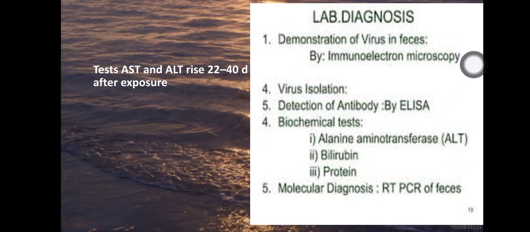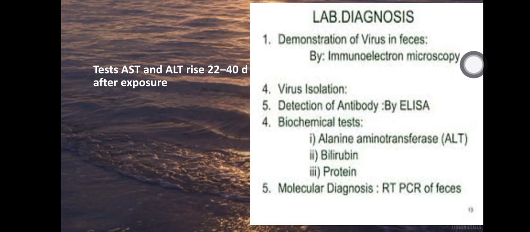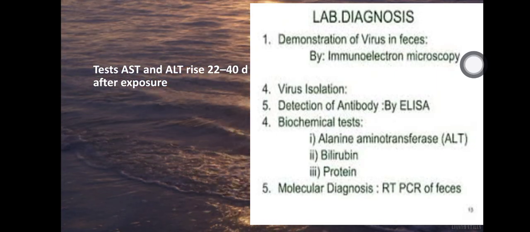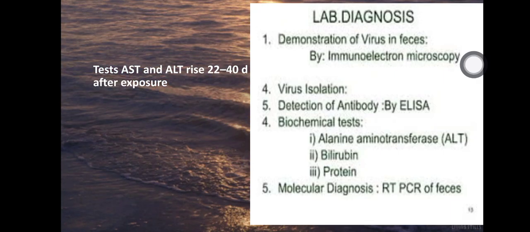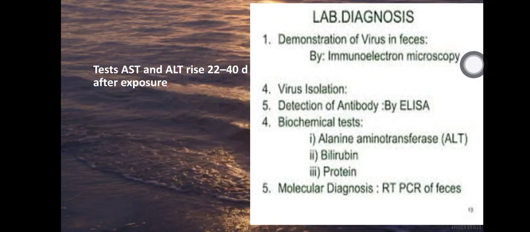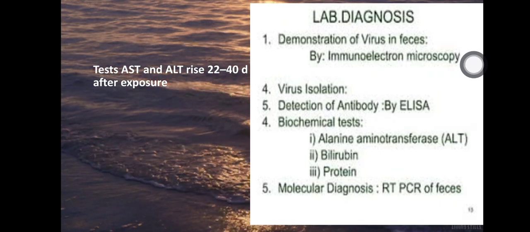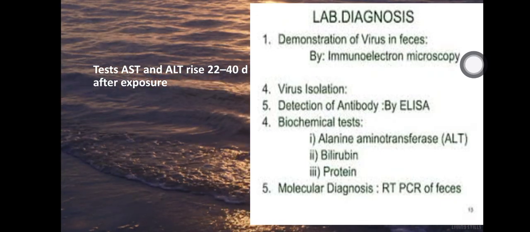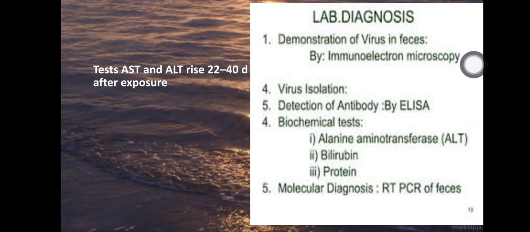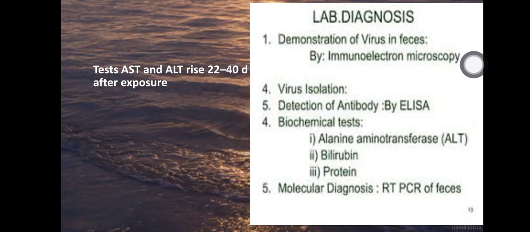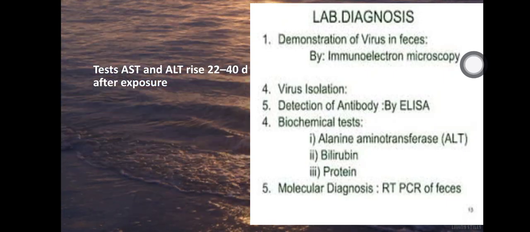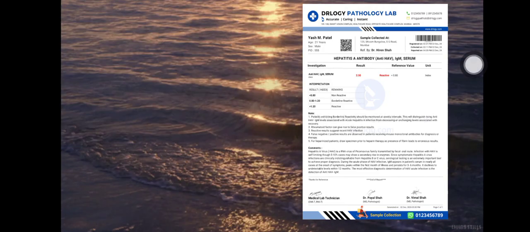And finally, serum bilirubin, serum protein, and RT-PCR. As you know, RT-PCR has been a gold standard in diagnosing COVID. Just like that, RT-PCR of feces can be done as a way of molecular diagnosis to confirm hepatitis A.